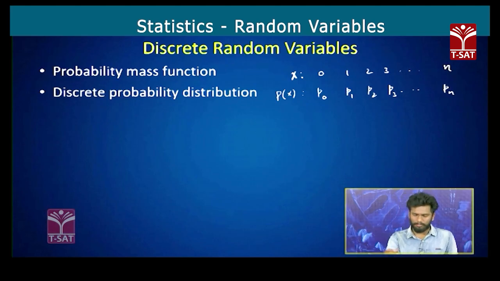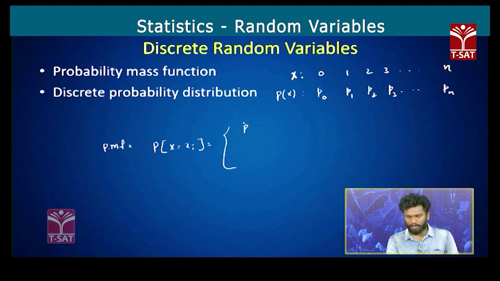Now, probability mass function is defined as when probability of x is equal to xi is equal to P of xi, where i considers the values 1, 2, so on up to n, otherwise 0.